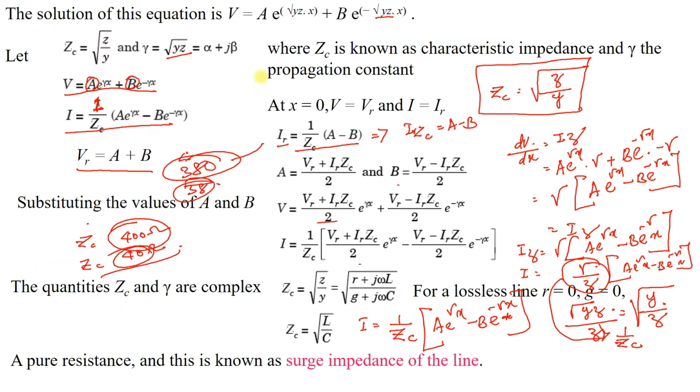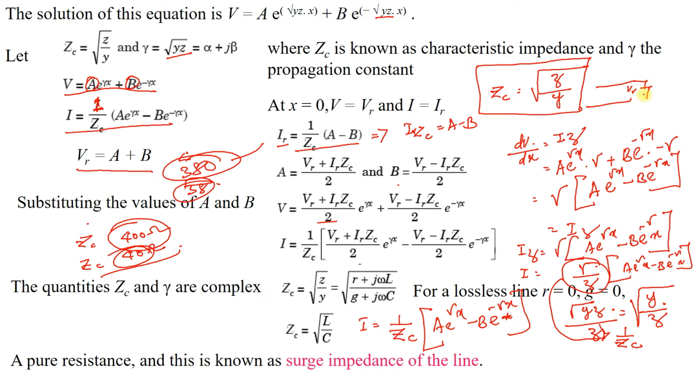From this formula, you can see that we have the expression for voltage, V is equal to VR plus IR Zc by 2. So if you terminate a transmission line with an impedance equal to Zc, you can see that IR will be, because this is the transmission line and we have the voltage VR here.